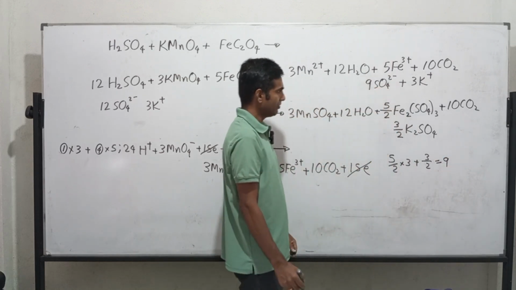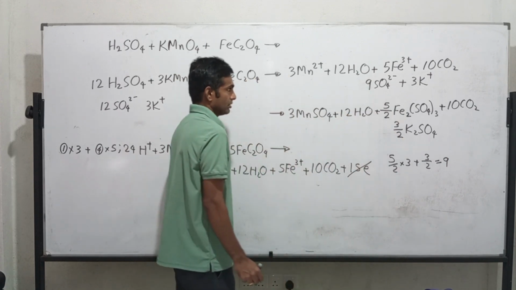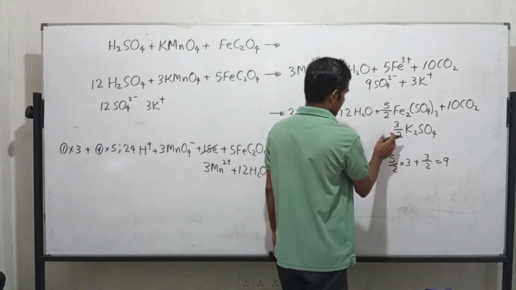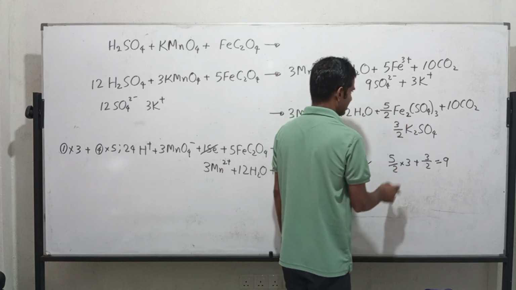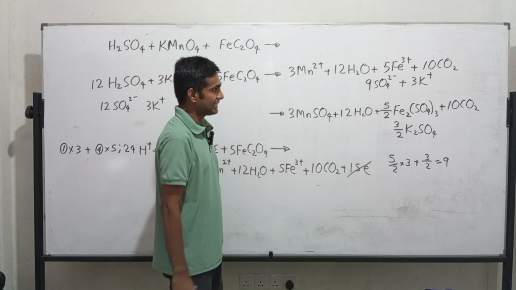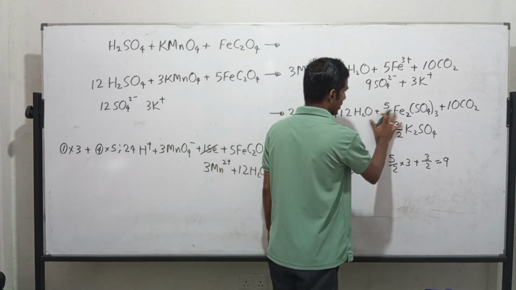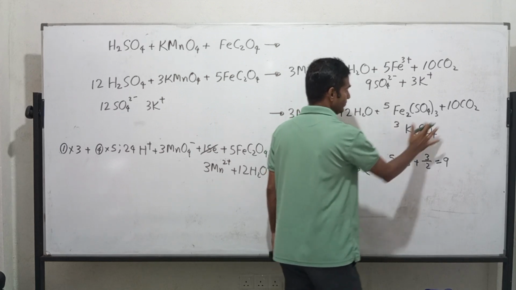Therefore, 9 sulfate ions are there. Then there are 2 fractions. If you don't like to see fractions in the balanced chemical equation, you can multiply the whole equation by 2.